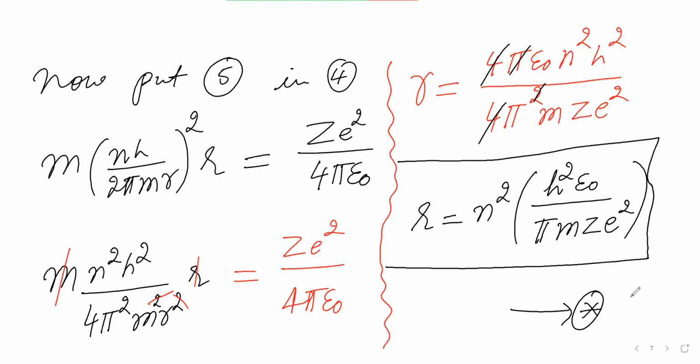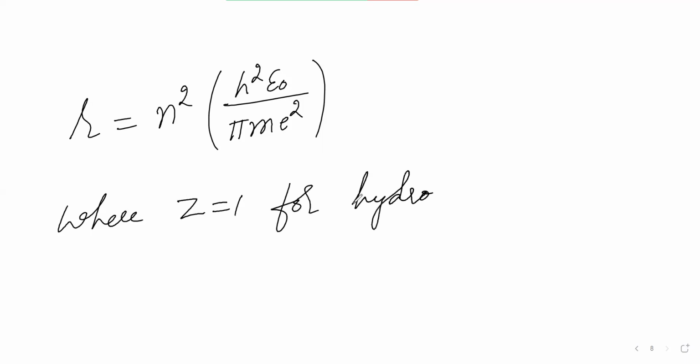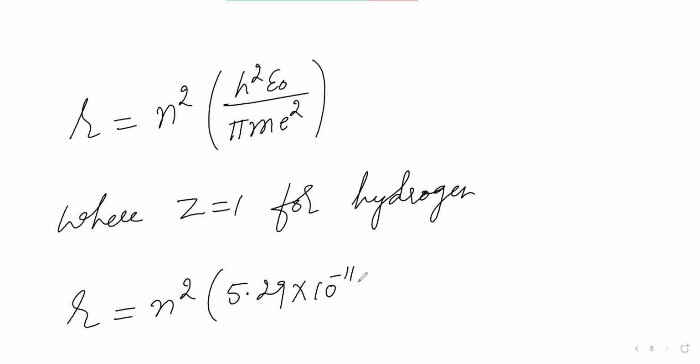Here z was there, but in this expression z is not there, where z equals 1 for hydrogen. Okay, now R equals n square into 5.29 into 10 to the power minus 11 meters.